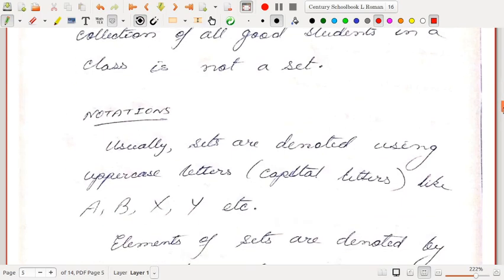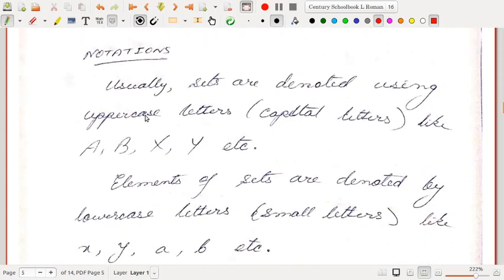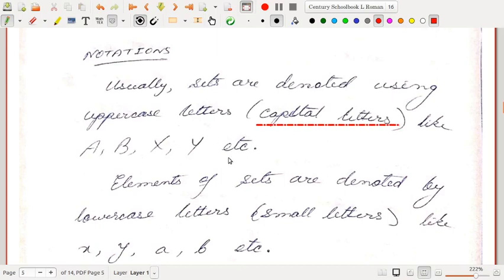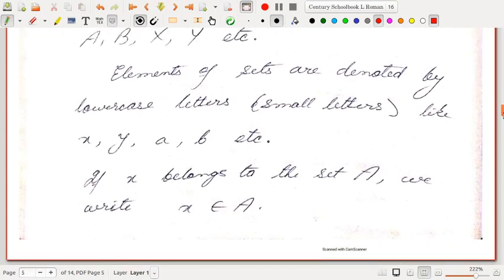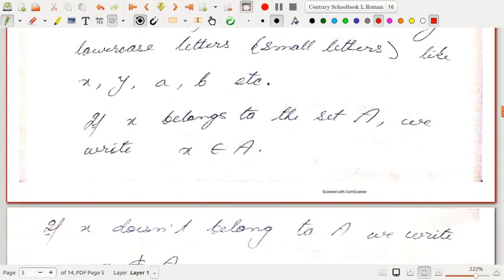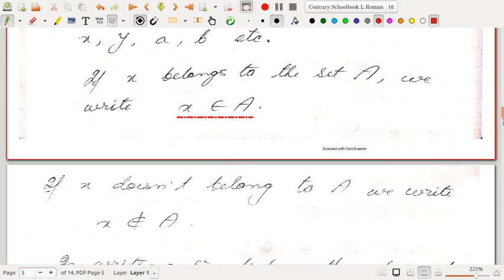Okay, so there are some notations which will be used regularly. Usually sets will be denoted using uppercase letters, that is capital letters like A, B, capital X, Y, etc. And elements of sets will be denoted by lowercase letters or small letters, small x, small y, small a, small b, etc. So if x belongs to the set A, we will write x ∈ A. Symbolically, we will write it this way.